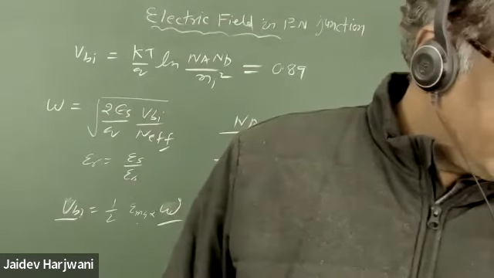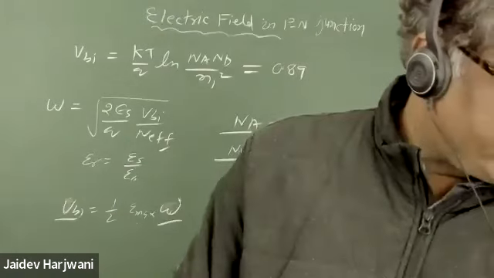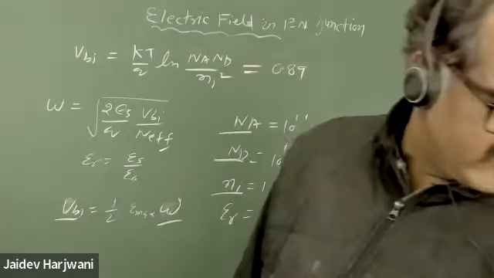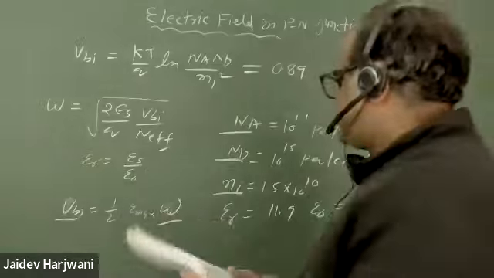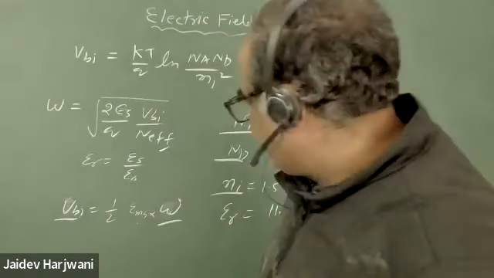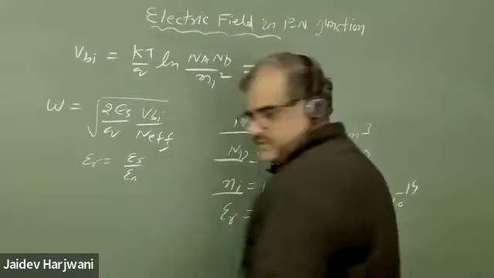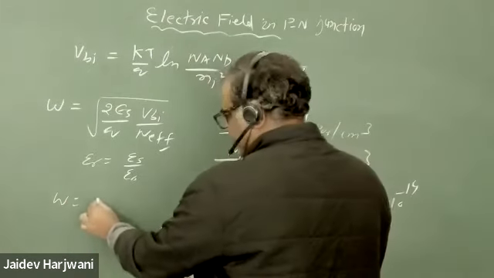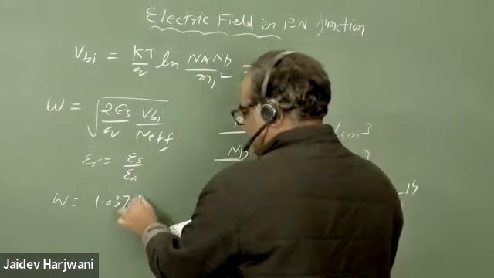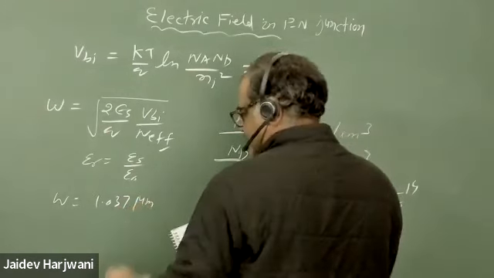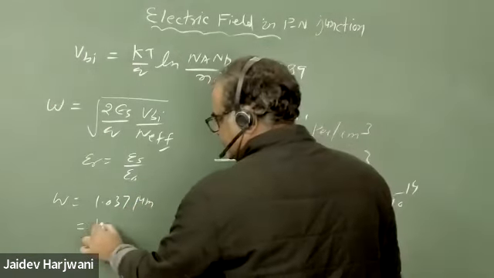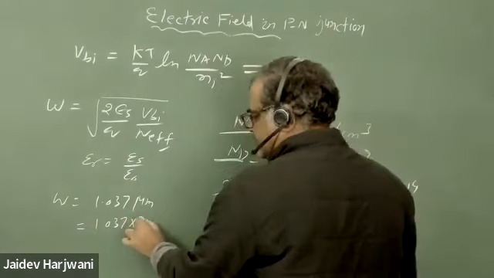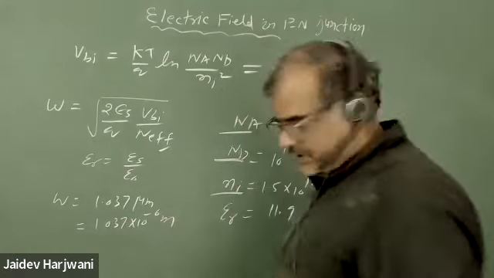You can find your value. So the width value, you have to check what is the value of W. W is coming around 1.037 micrometer, that is 1.037 into 10 raised to power minus 6 meter.